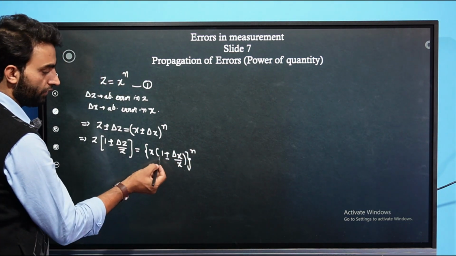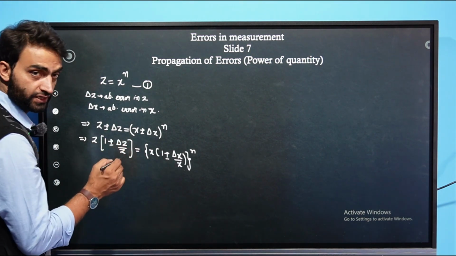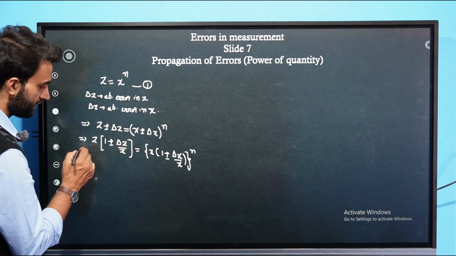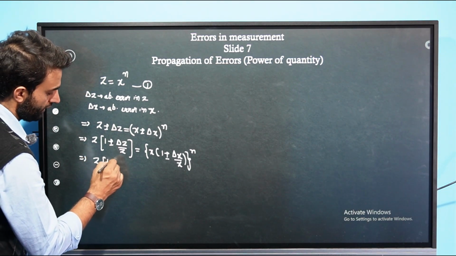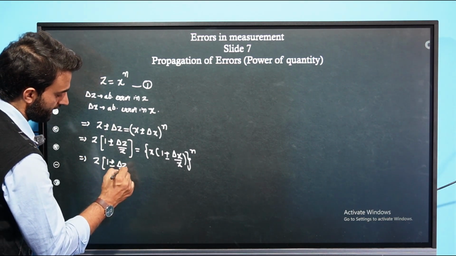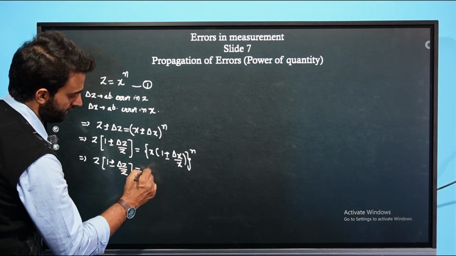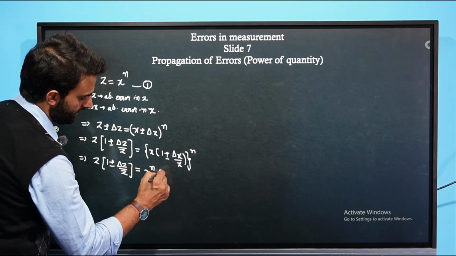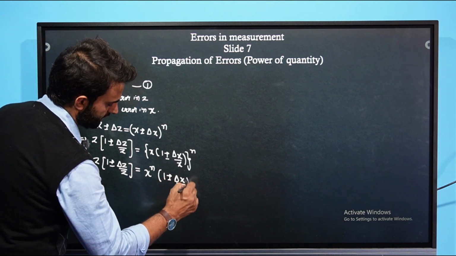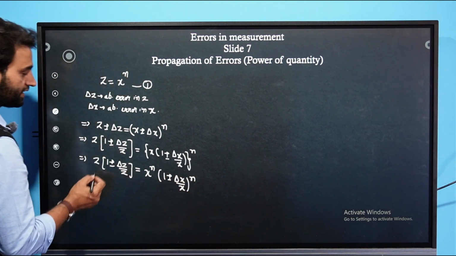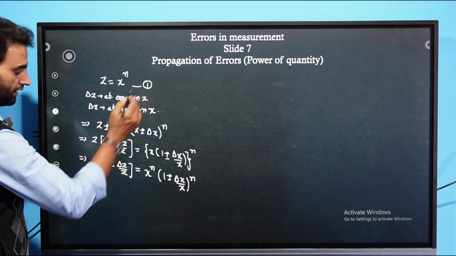Now this n is the power for both the term 1 plus minus delta x by x and also the x term. So we can write it as z times 1 plus minus delta z by z, and here x raised to power n and 1 plus minus delta x by x raised to power n. Now this z is also x raised to power n, see equation number 1.